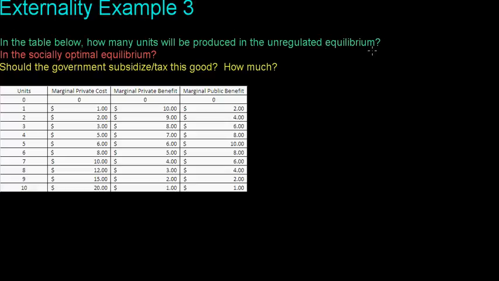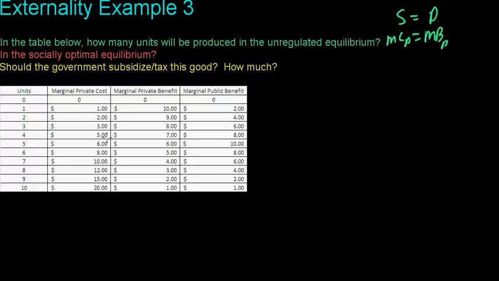Well, we know that this is just going to be where marginal cost, the private marginal cost, is equal to the private marginal benefit. Another way of writing marginal benefit is demand, and another way of writing marginal cost is supply. So this is just supply equals demand. So here we're just going to look through the table until we find where these two are equal.